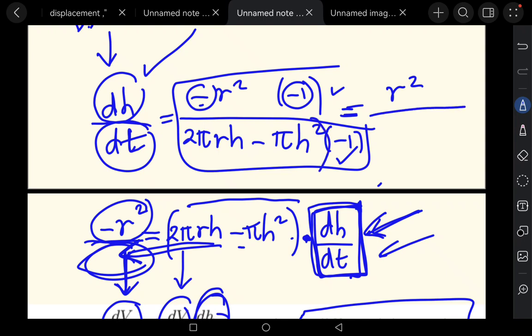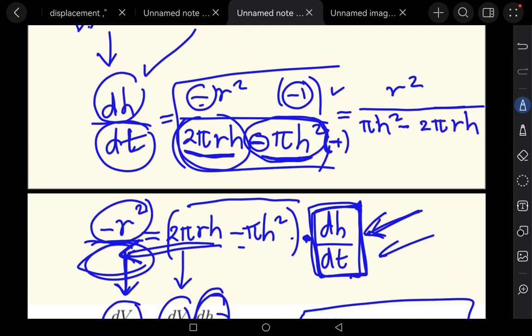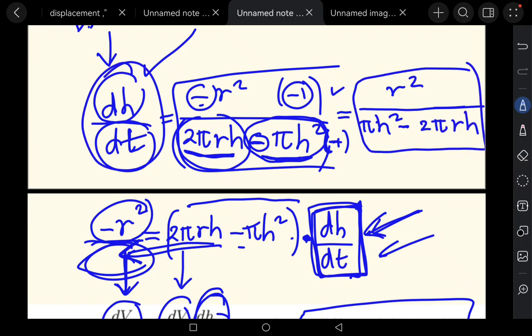And if you multiply all of the denominator by negative, the negative times negative is positive, so this becomes pi h squared, and this becomes negative, minus 2 pi r h. So this is the differential equation.